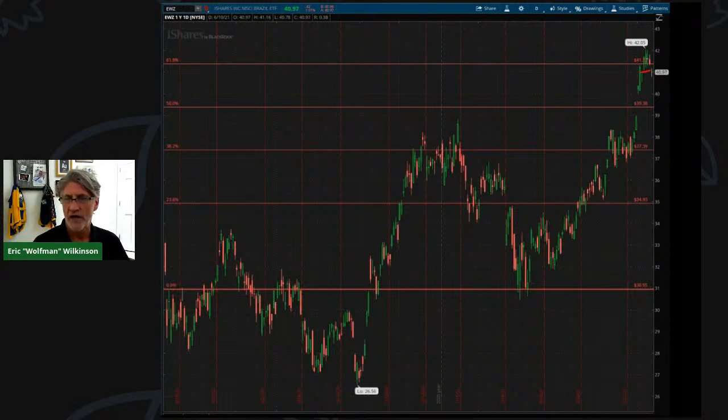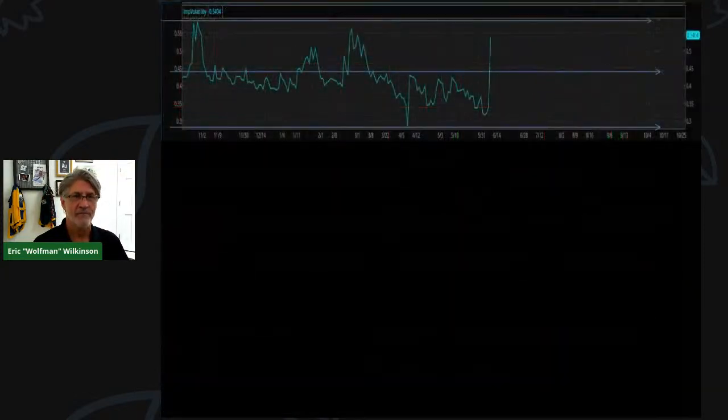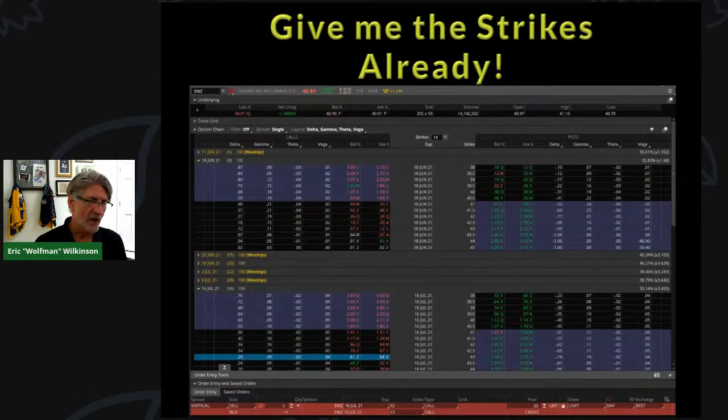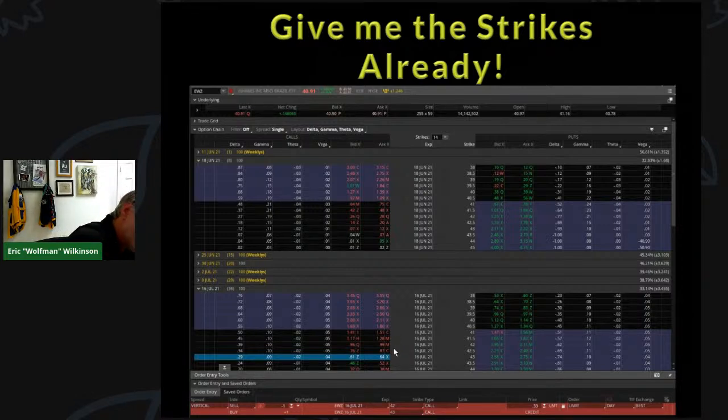So I was looking for a bearish trade for that bearish pattern, and we had high implied volatility, right? So I set it up like this, where I did the $1 wide, collecting 33 cents, right? That's collecting a third the width of the spread. And I sold the 42s and I bought the 43s, right?